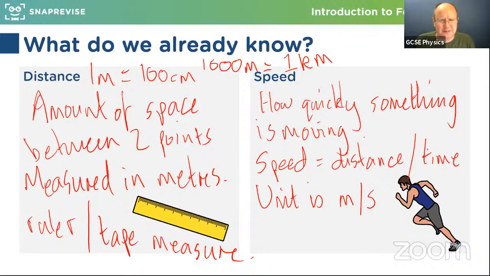Velocity is a more precise measurement of how fast something is going, but also in a particular direction. So we're going to come to that. Yes, velocity is directional. Dana, velocity does have magnitude, but it also has direction, whereas speed only has magnitude. Okay, we're jumping ahead a little bit here, so I'll move on. If anyone's got any questions, just pop them into the chat.